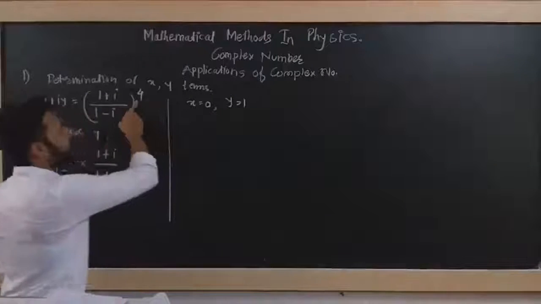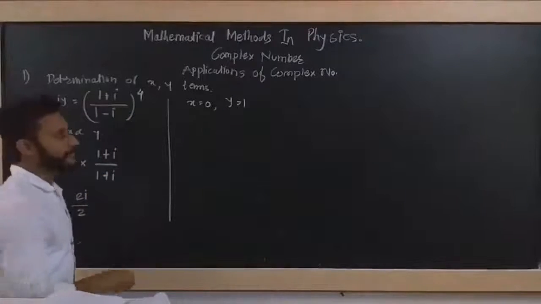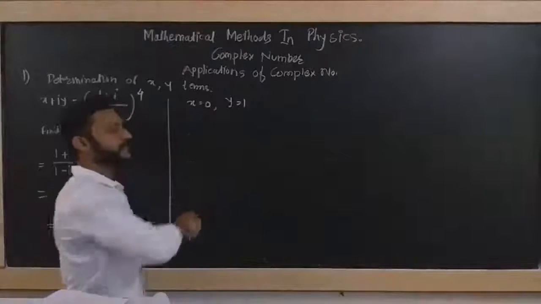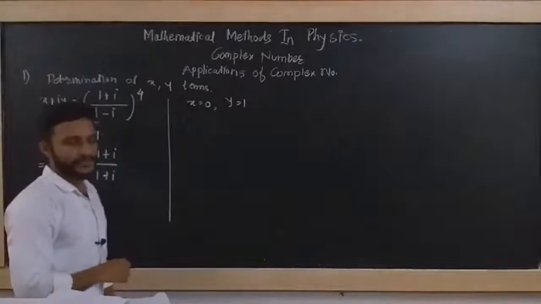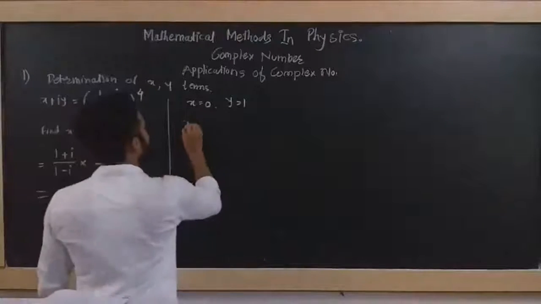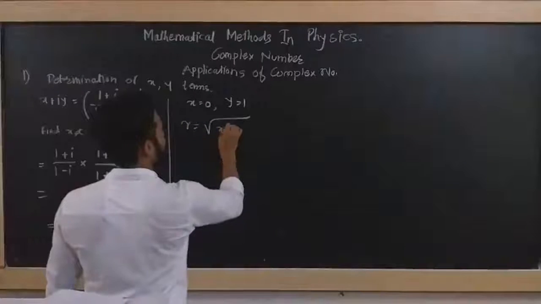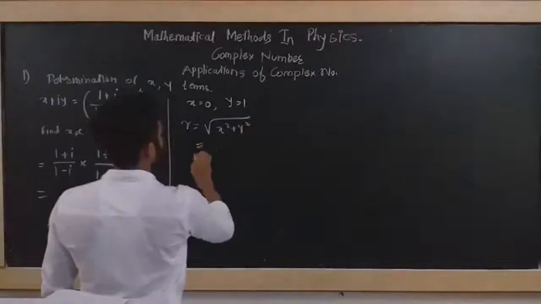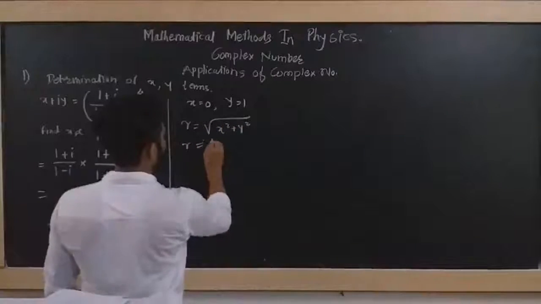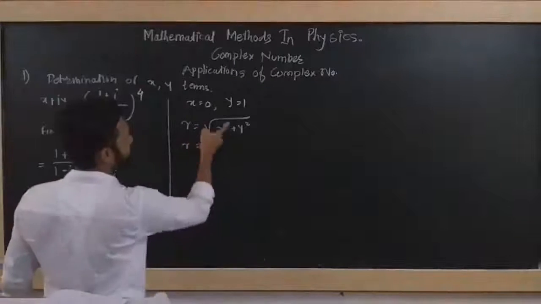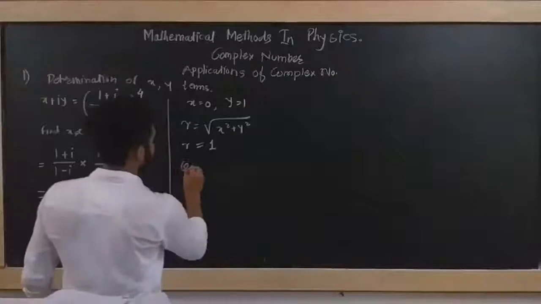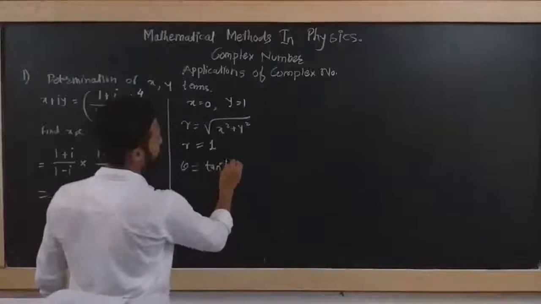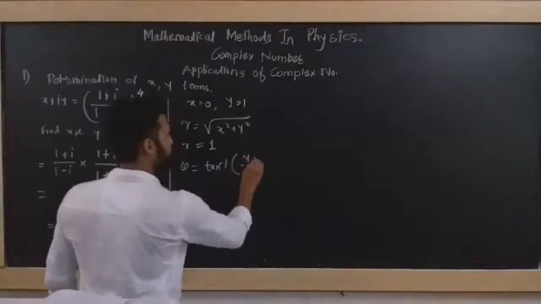So we know how to determine the power of any complex number. First, transfer this complex number from Cartesian coordinates into exponential form. So we need r equal to root of x square plus y square. So r is equal to 1, as we simply put the values of x and y. What is theta? Tan inverse of y upon x.